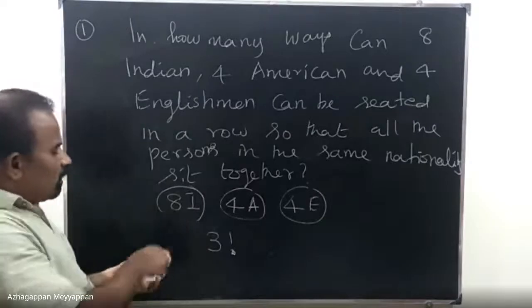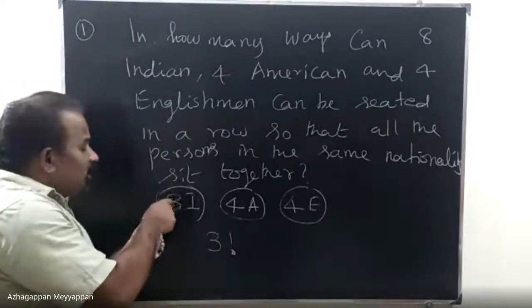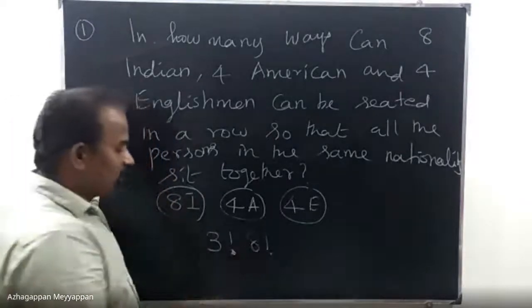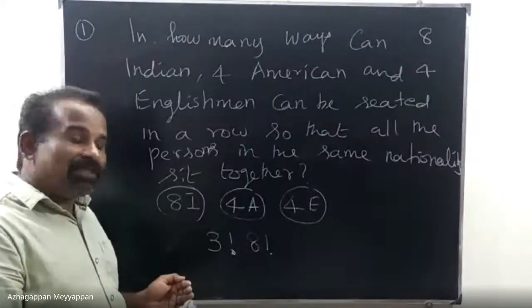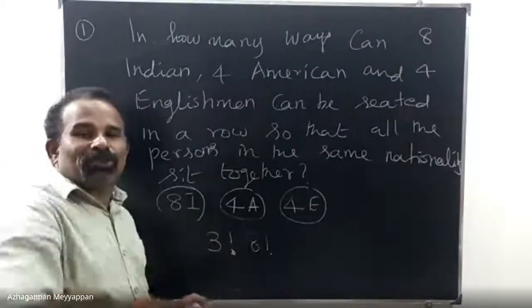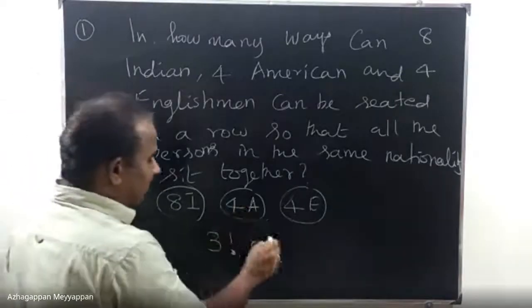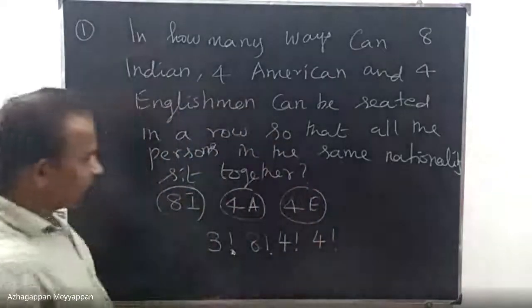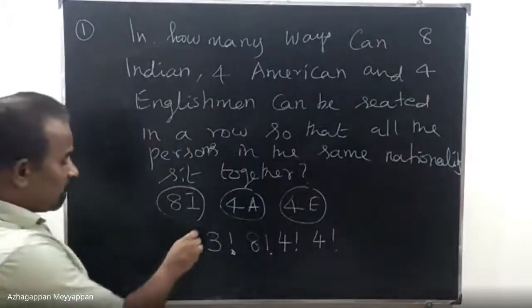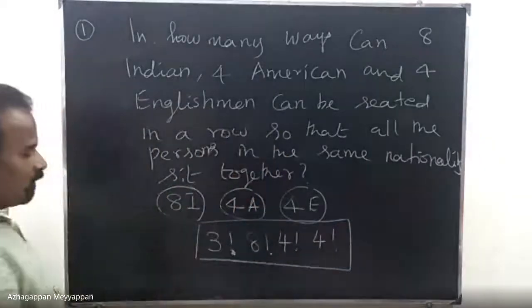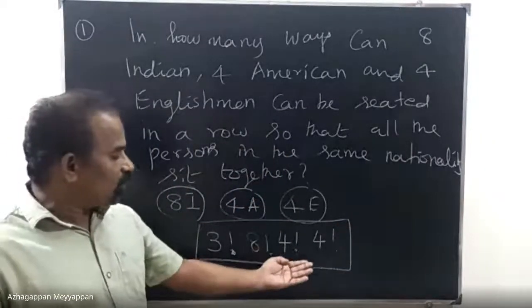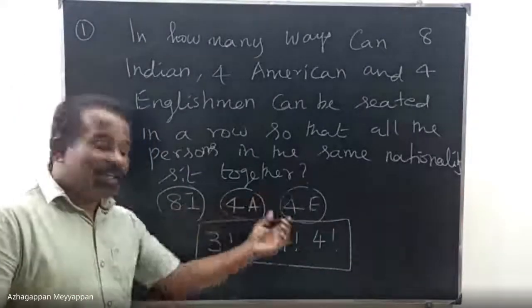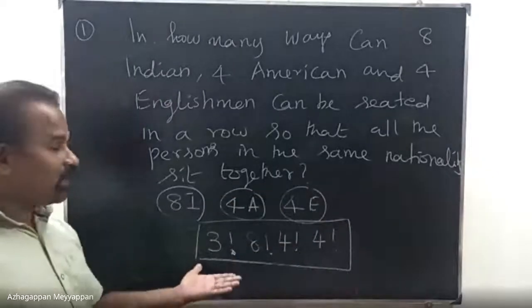Then within the Indians, they can arrange themselves in 8 factorial ways. They will sit together, but they can change places among themselves. Similarly, here 4 factorial, and again here 4 factorial. So 3 factorial times 8 factorial times 4 factorial times 4 factorial ways they can sit in the row.